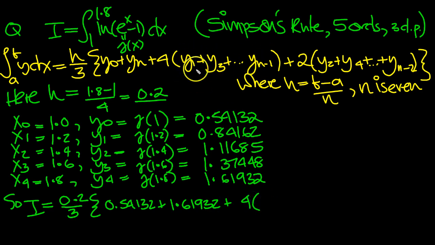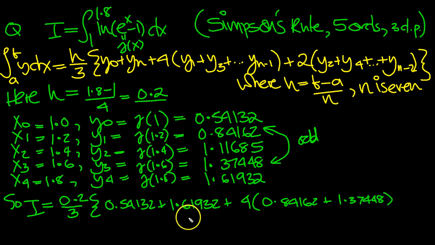These are the odd integers, other than the first and the last, the odds. So that would be y1 and y3, wouldn't it? Here. These are the odd. So it's 4 times both of those. 0.84162 plus 1.37448 plus 2 times the even, and the y2 is the only even one there other than the first and the last, which we don't include.